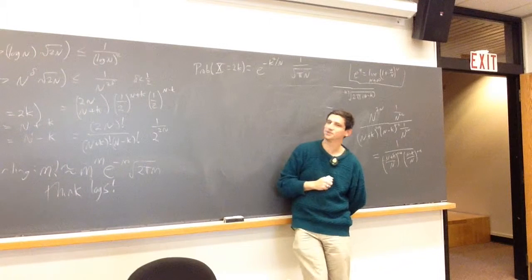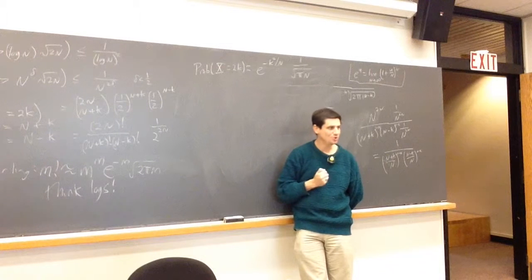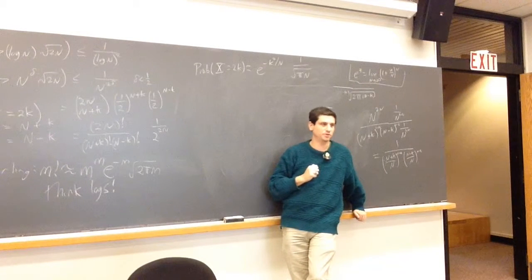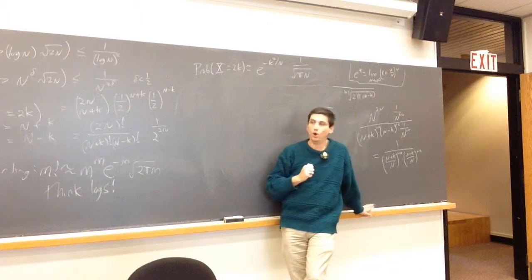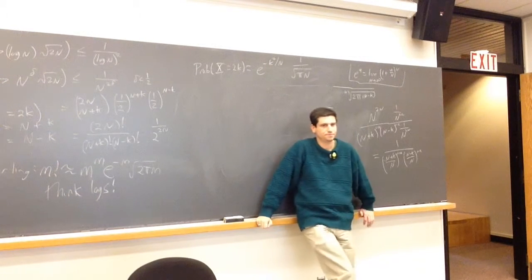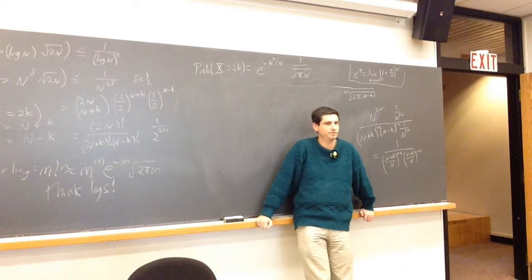What does this look like? Looks close to a normal. It's not a normal, but it's close. So now what we need to do is a little bit of algebra to make this look like a normal. One thing to remark is we have a k squared. Do we really want to have a k squared, or is there something else we might want to have?